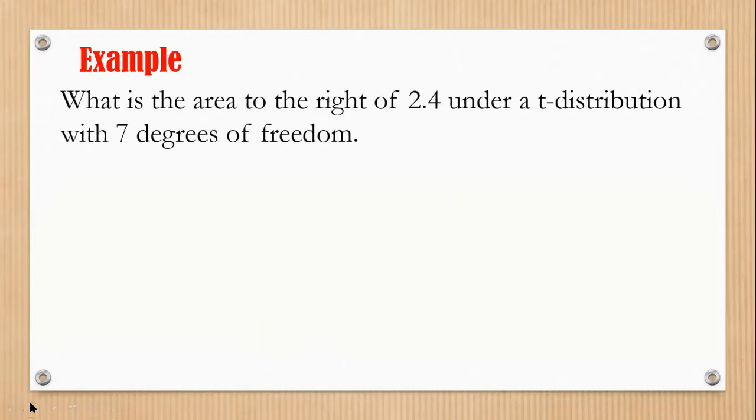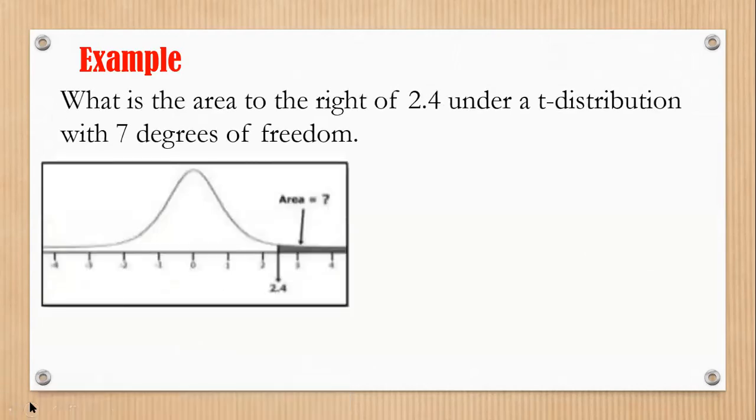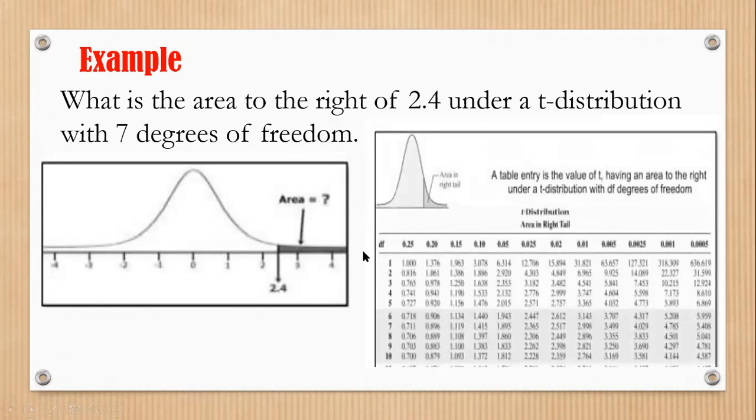Okay, what is the area to the right of 2.4? This is the area needed with degrees of freedom 7. So if it is 2.4, look for 7, 2.4. Where is that value, which is 2.4? That is between 0.025 and 0.02, right?